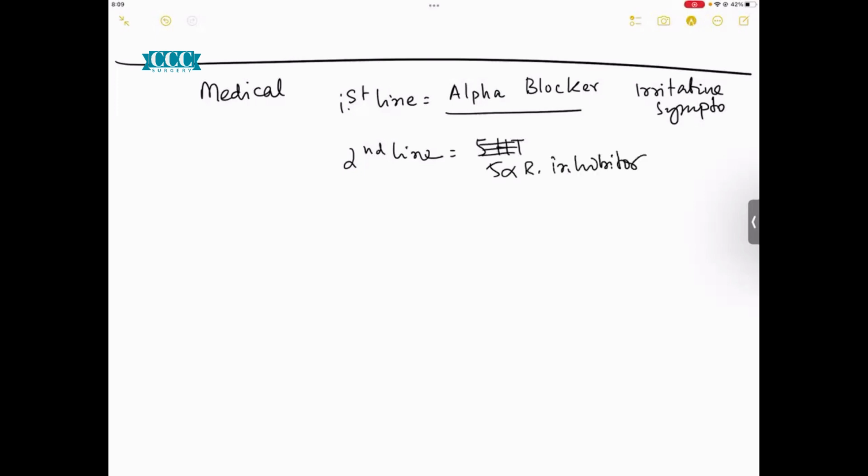The best examples are finasteride, dutasteride, etc. So these are the second drugs.